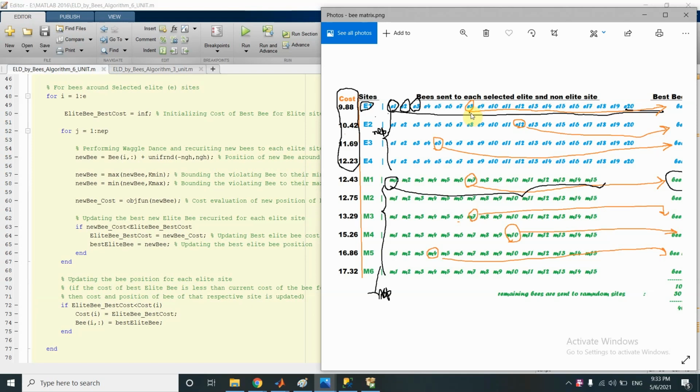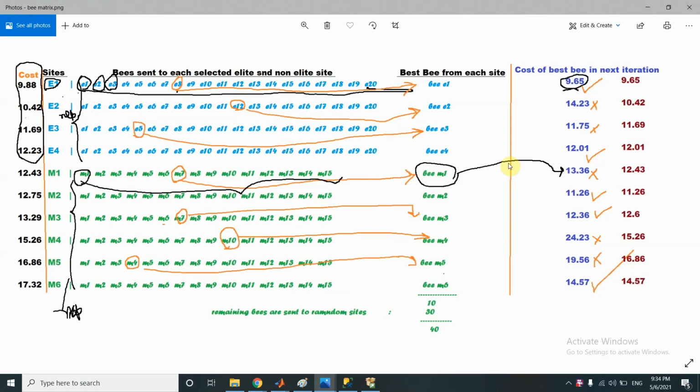So if E8 is found to have the best cost, then the cost value of E8 will be stored in elite bee best cost, and the position acquired by E8 will be stored in best elite bee. Then this for loop will be completed and we will have the best elite bee position and cost. So this is the best bee for the E1 site.